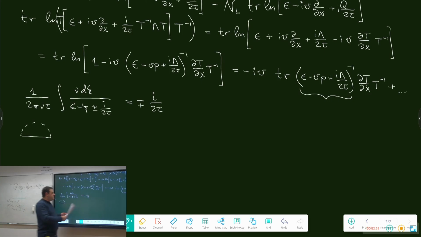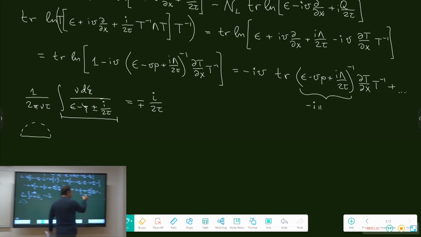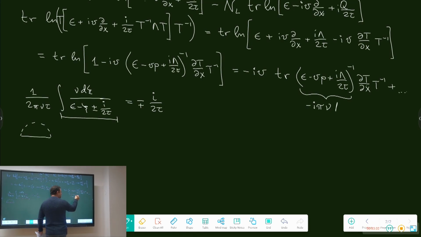So what I have here in this trace, this thing inverse, is actually exactly this integral, and instead of plus 1 or minus 1, I have the matrix lambda, which is plus or minus 1. It's just a diagonal matrix. So I can easily find what this integral equals. The 2 tau cancels, it's i pi nu minus i pi nu lambda.